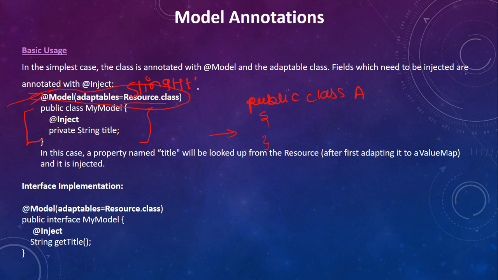The second one is SlingHttpServletRequest. We will discuss that later, resource.class and SlingHttpServletRequest.class. But for now, if you want to convert this class into a Sling model, we have to use @Model.